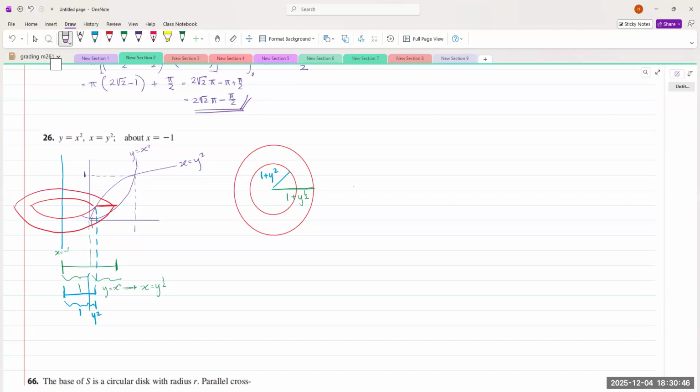Let me erase all of this so that it doesn't distract us. Sometimes we draw too many details and we get confused ourselves.